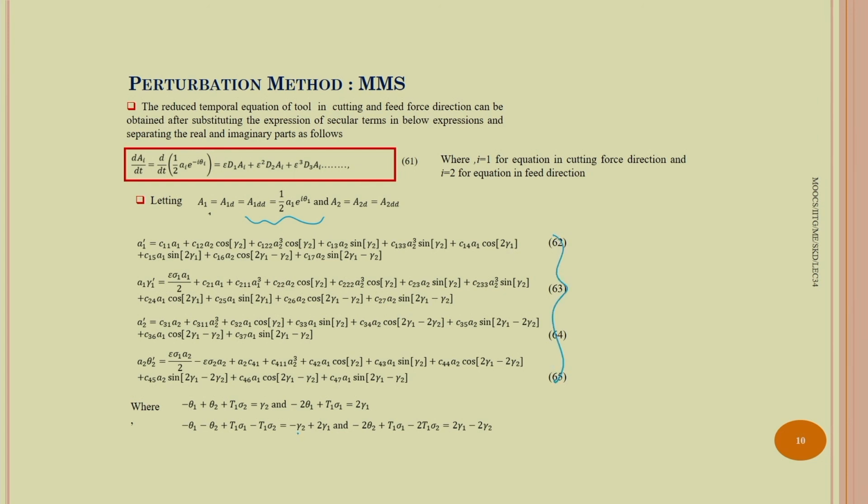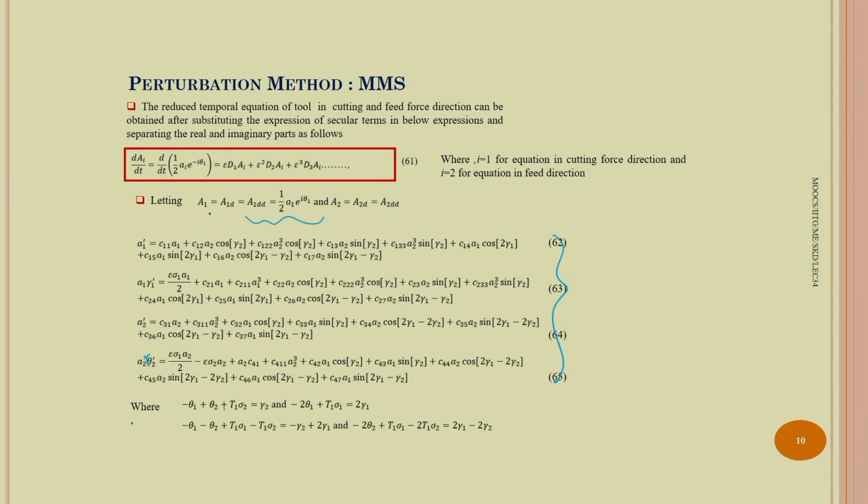These 4 equations, that is a1 dash, a1 gamma 1 dash, a2 dash and a2 gamma 2 dash, can be written in terms of gamma, because we are reducing this theta to gamma form to make the equation in non-autonomous form. So, here we are using the detuning parameters sigma 1 and sigma 2.